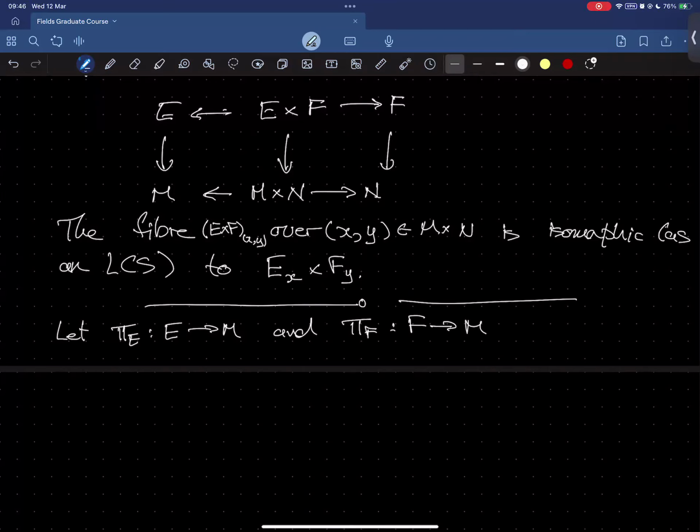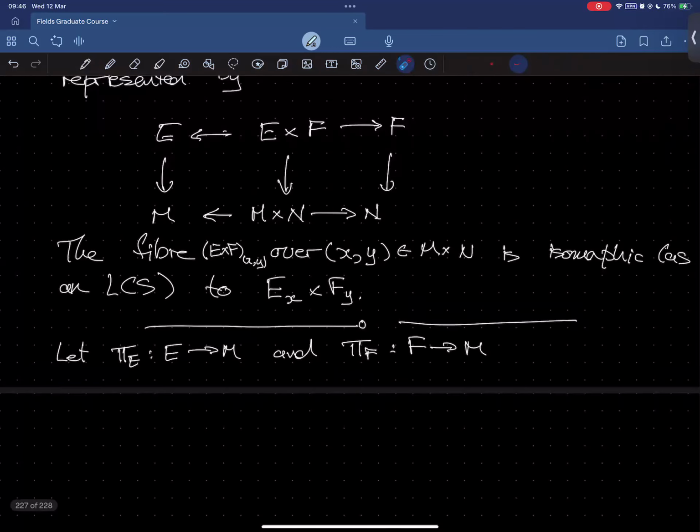This is a very common situation when you're building new vector bundles: you have vector bundles over the same base space, and you do stuff essentially just with the fibers. When you have the product, you're doing things with the base space as well. But here the base spaces are the same, and so we're going to be considering a construction which only works with the fibers.